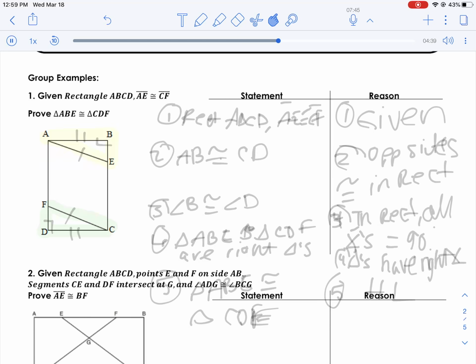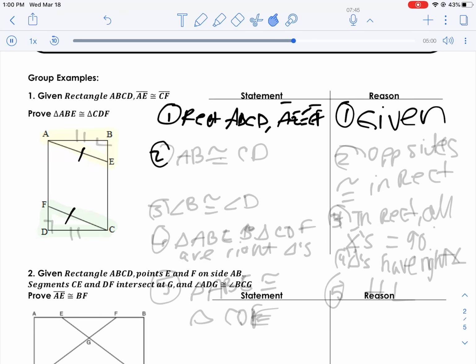Given a rectangle ABCD and AE is congruent to CF. So they already gave us that side. And we know this whole thing is a rectangle ABCD and AE is congruent to CF, given.